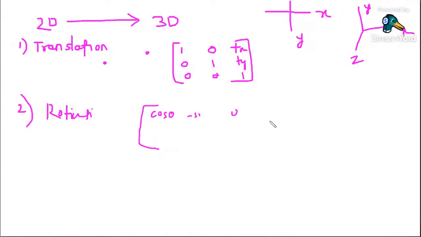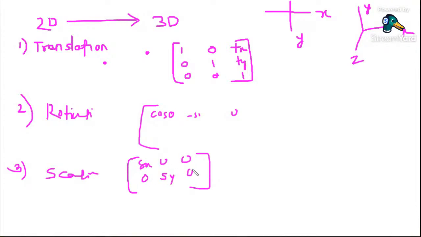Then the third transformation is scaling. Scaling means increasing or decreasing the size of the object. In case of scaling, we have a matrix like this: sx 0 0, 0 sy 0, 0 0 1. So this is the matrix for scaling.